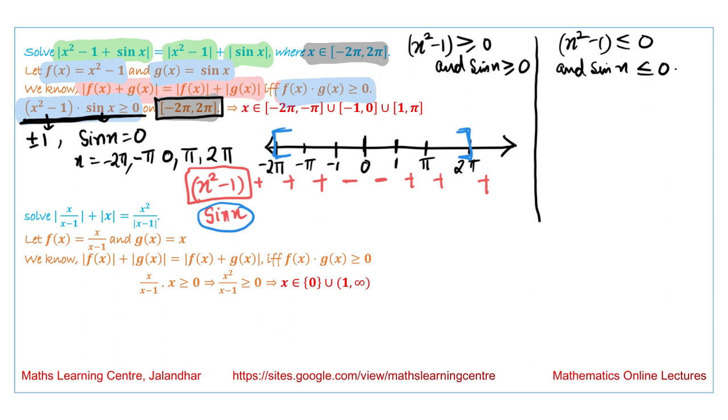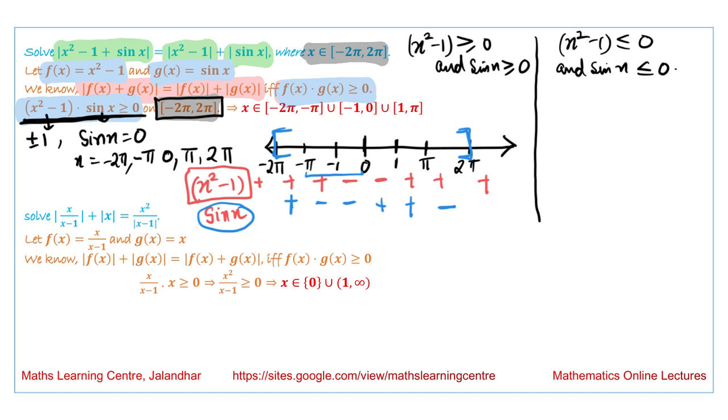From minus 2 pi to minus pi, the answer will be positive. Then from minus pi to 0 for this whole interval, it is negative in these two intervals, then positive in these two intervals, and then negative from pi to 2 pi.